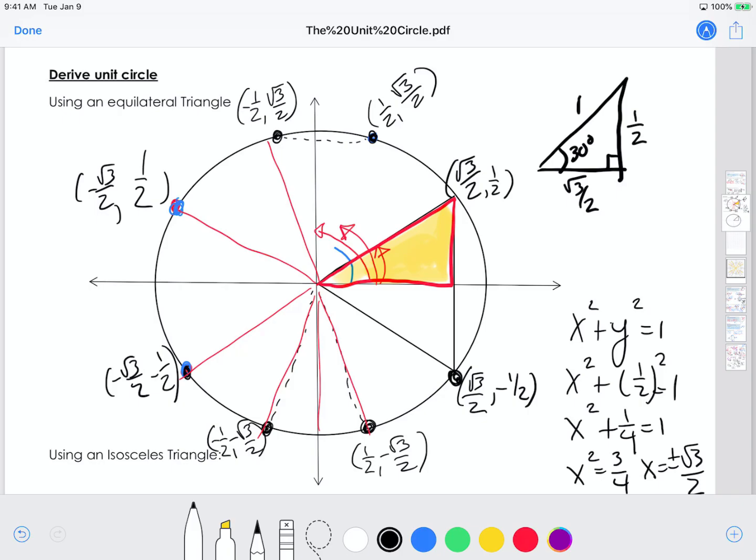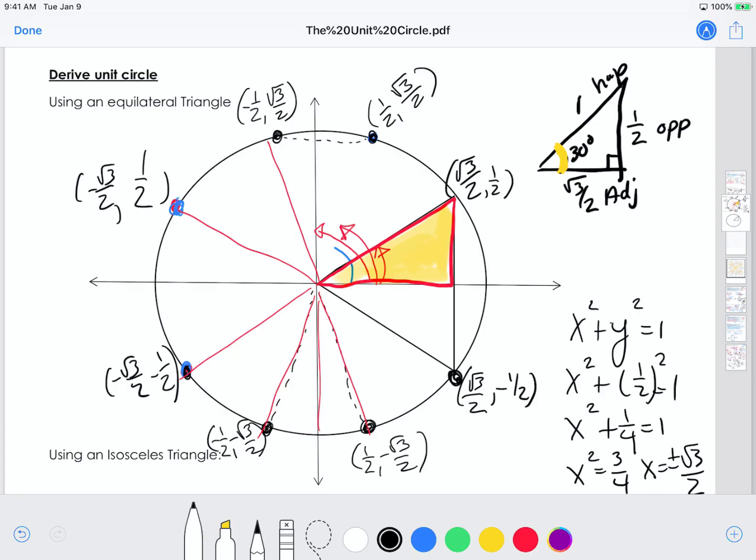If I look at my angle of 30 degrees, this would be my opposite side. This would be my adjacent side. And this would be my hypotenuse.